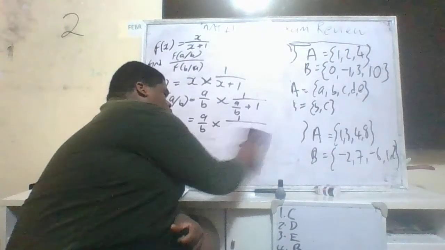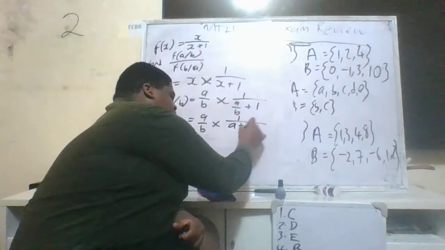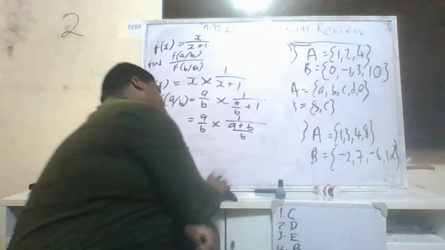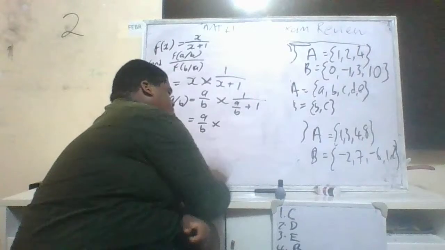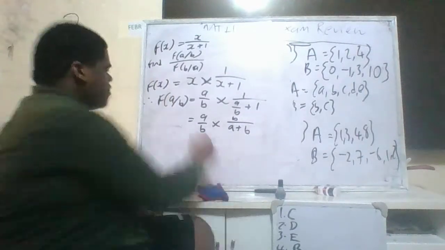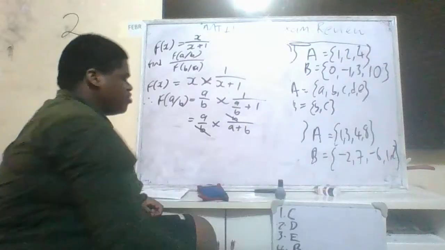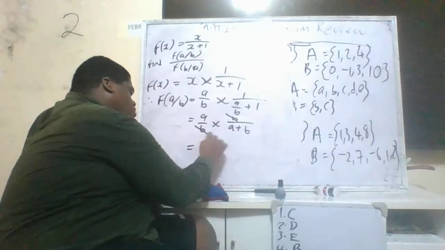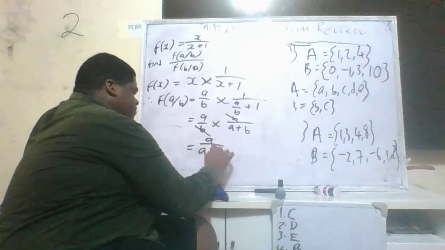This can be simplified to 1 divided by a plus b divided by b. So this is just a reciprocal. You can change this to simply b divided by a plus b. So here we have b numerator and b denominator. You can cancel each other out. So it is equal to a divided by a plus b.